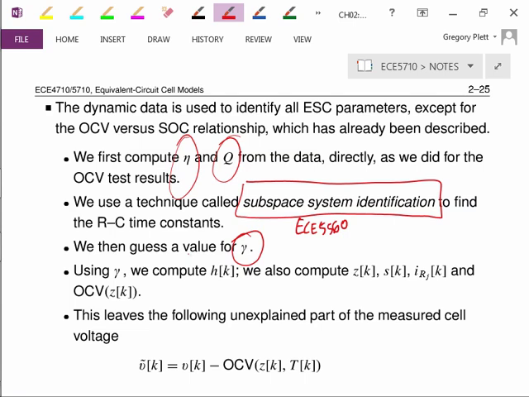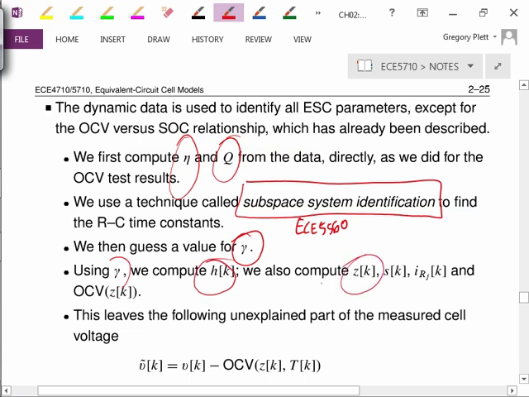But once I have this guess of gamma, I can compute all of the hysteresis states as a function of time. I can compute all the states of charge as a function of time, all of the signed currents, all of the currents through all of the resistors, and in fact all of the open circuit voltages as a function of state of charge.